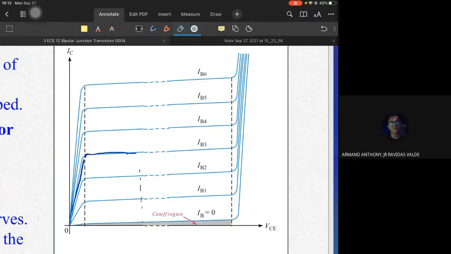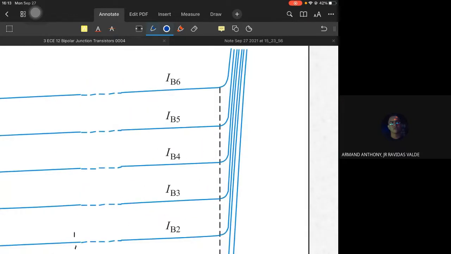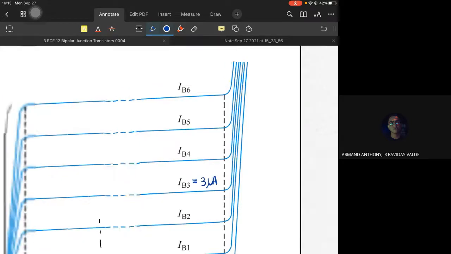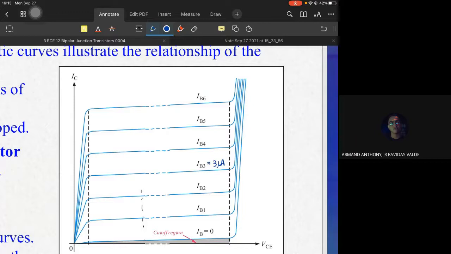First is, of course, we'll determine pila ang atong base current. So, we choose any of these. 6 choices man sa kanila nga example, although daghan pa man yung klase nga combinations. Let's say for example, by atong example kanina, we'll choose 3 microamperes. So, we'll use this characteristic curve.